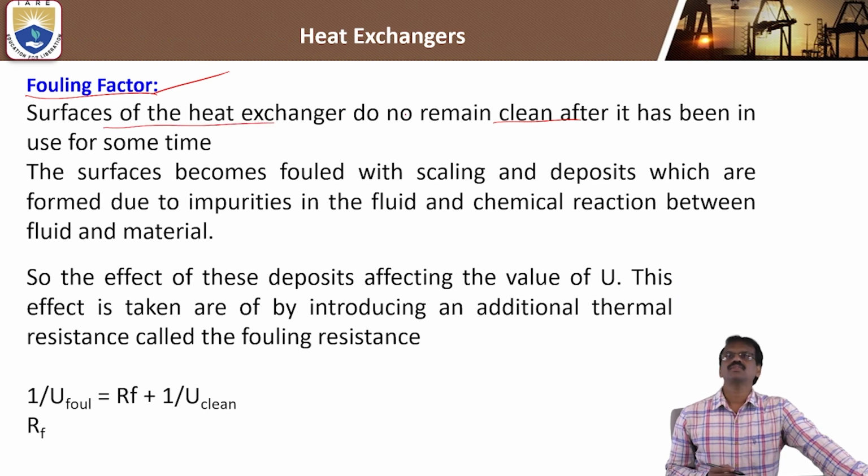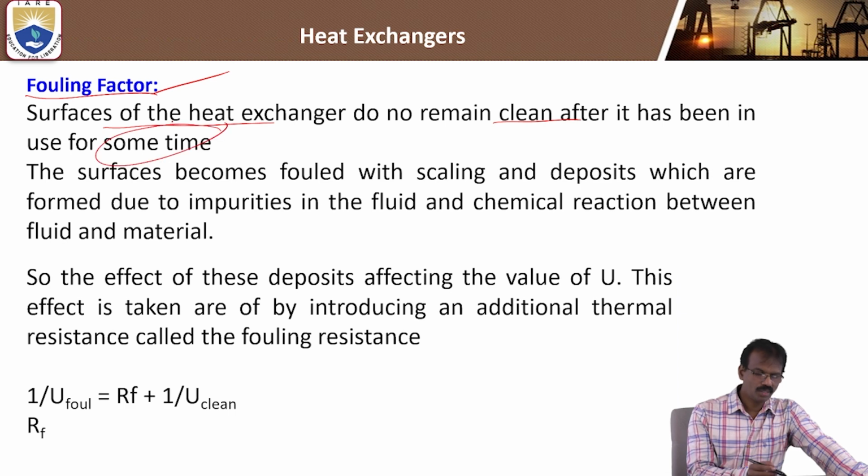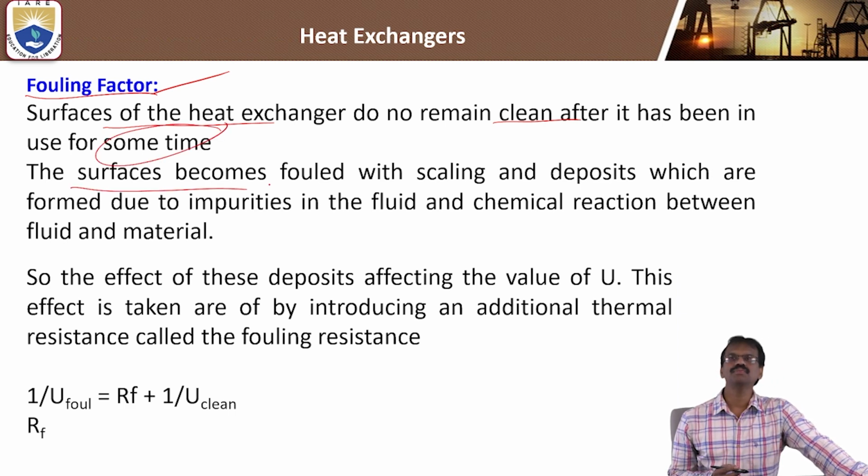The surface of heat exchangers does not remain clean after it has been used, because sometimes the surface becomes fouled with scaling and deposits which are formed due to impurities in the fluid.